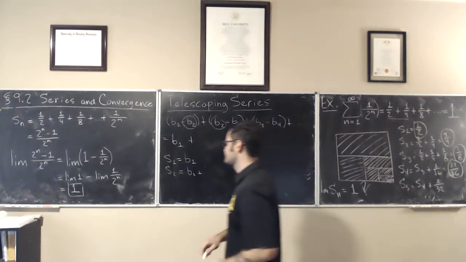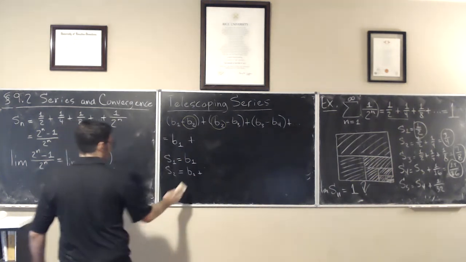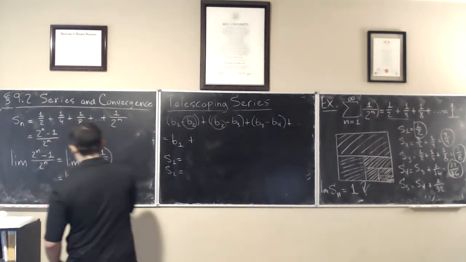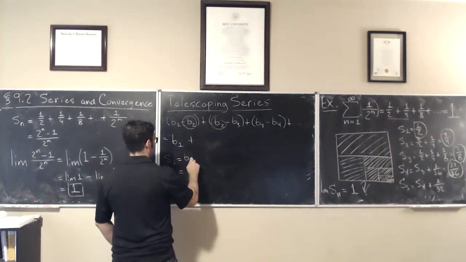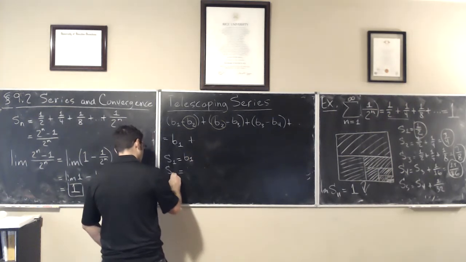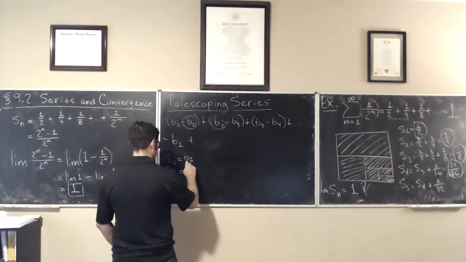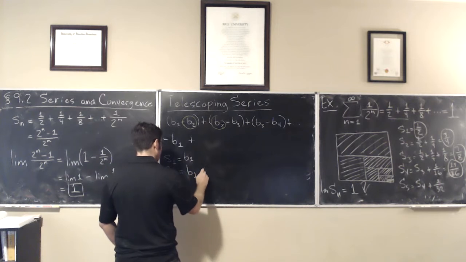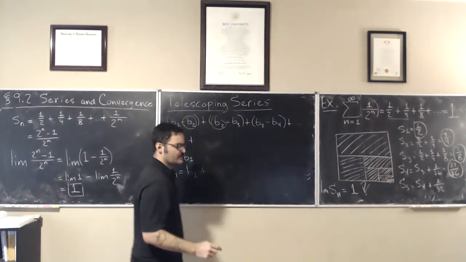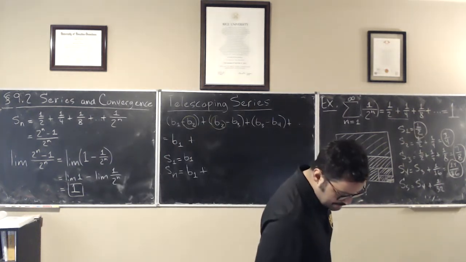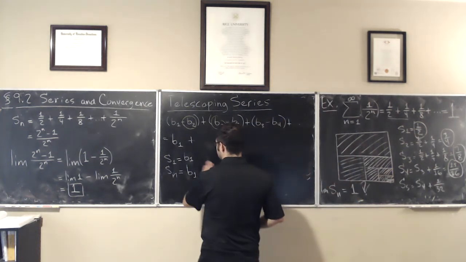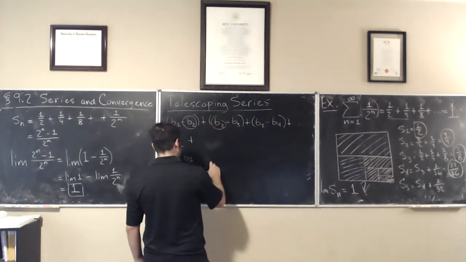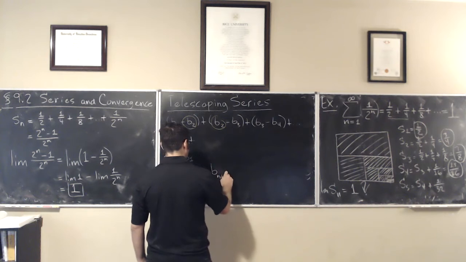Oh, it's much easier than that. So S1 is for sure V1, but in general, Sn is going to be V1 plus, it's fine, whatever, I'll use their notation, minus Bn plus 1.